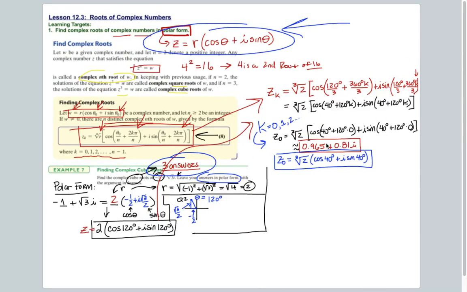Now to find the other cube roots, you're basically going to just copy down exactly the same thing, but change the value for k.